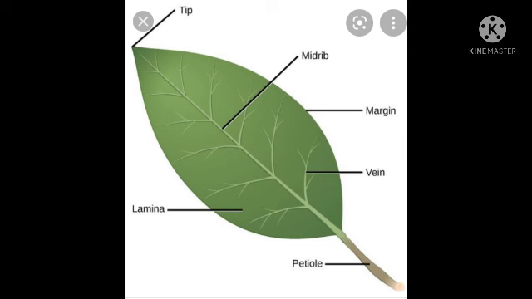A leaf has a stalk called petiole. The flat portion of the leaf is called the lamina or leaf blade.